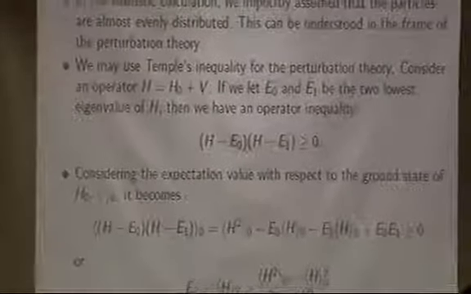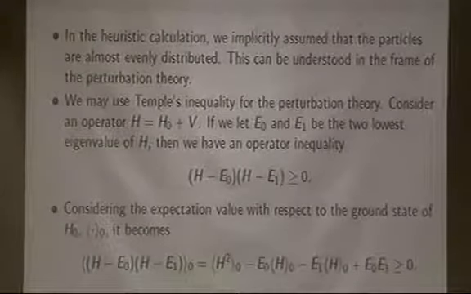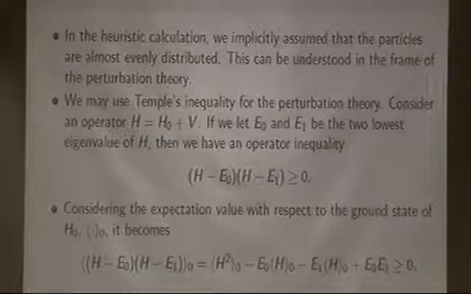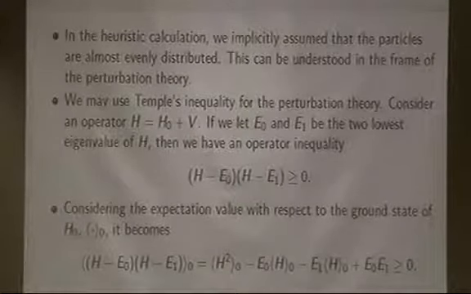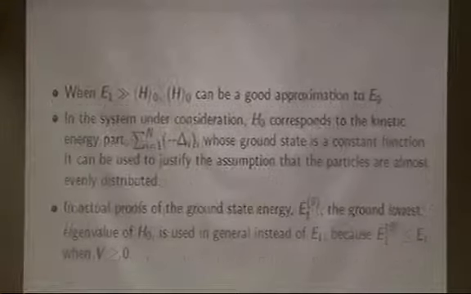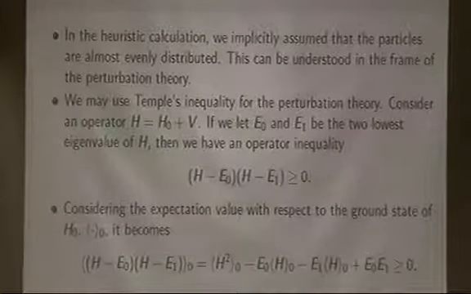So if you just imagine that we're using the ground state, the constant wave function, for this H0, then the expectation of H will become just V of something, and this thing. And if E1 is much larger than H0, so that the denominator here is very large, then the second term will be an error term.